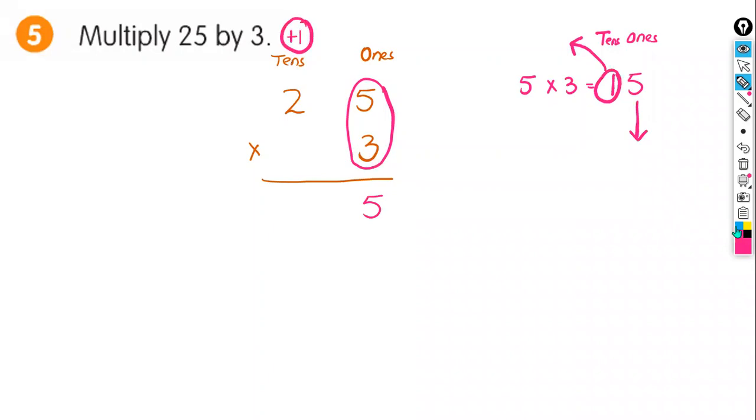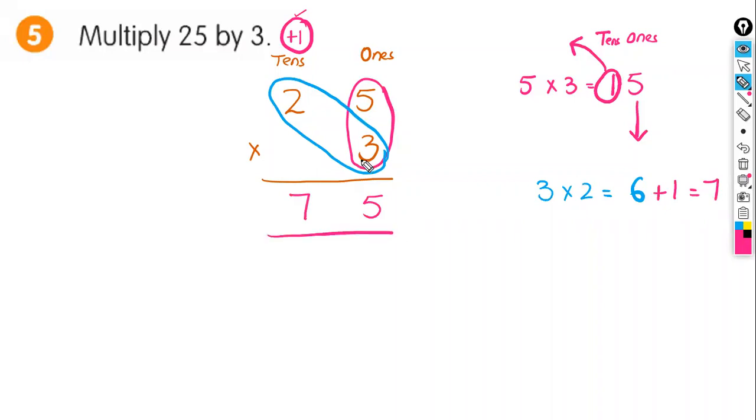Now I multiply this 3 by 2. So 3 times 2 is equal to 6. I will add the carry with this 6. I will get 7. So in the tens place, I will write 7. So 25 times 3 is equal to 75.